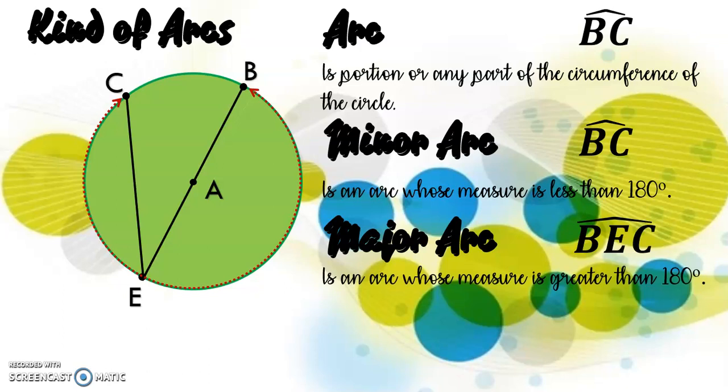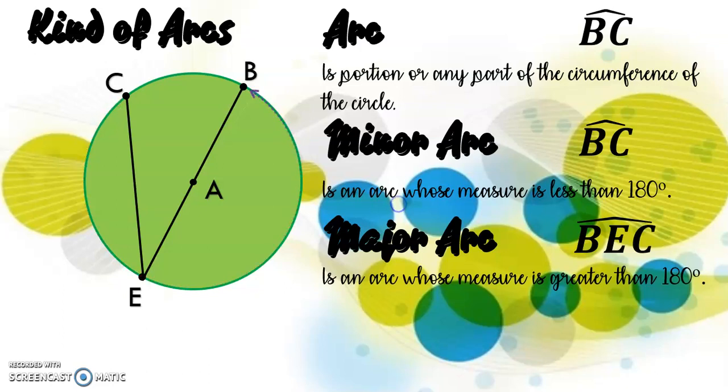So example of major arc, we have arc BEC, since it has taken almost the whole circle.